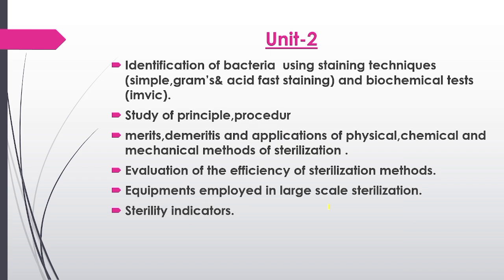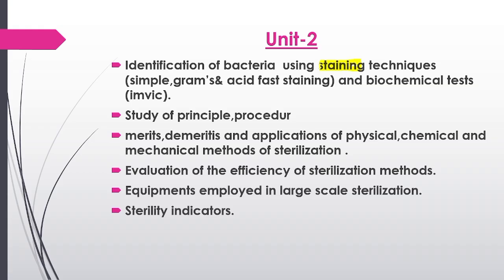And the next, unit 2. What are the topics we need to discuss in unit 2? The first one is identification of bacteria, mostly using staining techniques. In the first unit we study the types of bacteria and culturing techniques of bacteria, and in the second unit we study the staining techniques of bacteria.